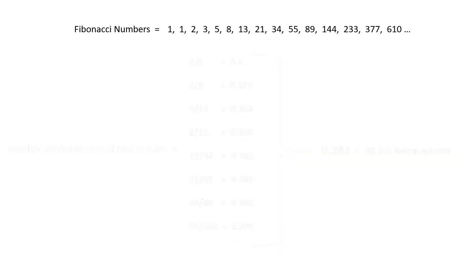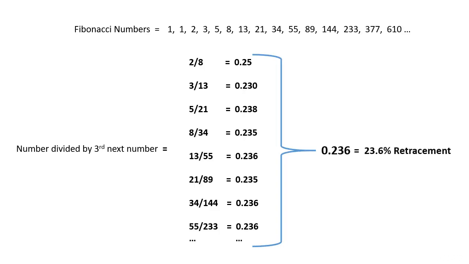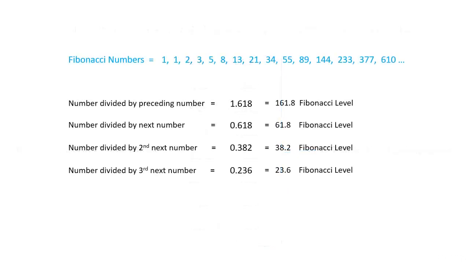Again, if you take any Fibonacci number other than 1 and then divide that number by its third next Fibonacci number, then the quotient will be 0.236 or near 0.236. This 0.236 ratio is the 23.6 Fibonacci retracement level, and as I mentioned before, the 23.6 is the first Fibonacci retracement level. So that's how the Fibonacci ratios are calculated from the Fibonacci numbers.